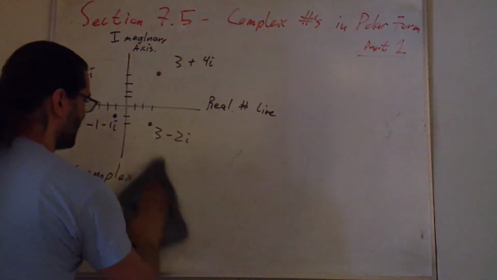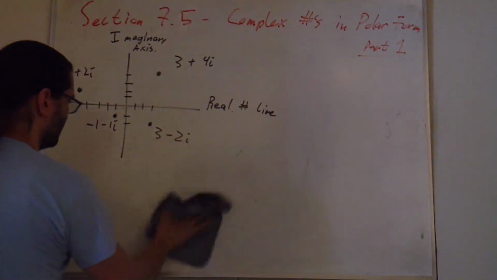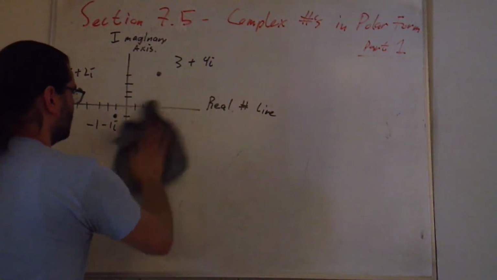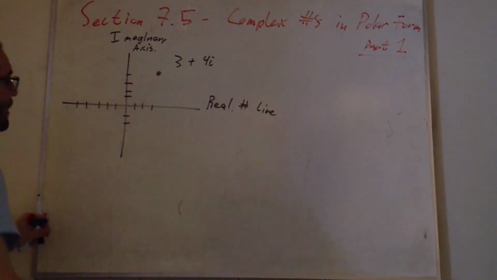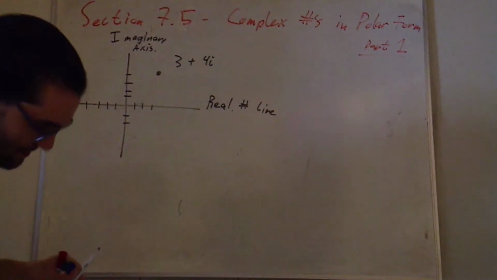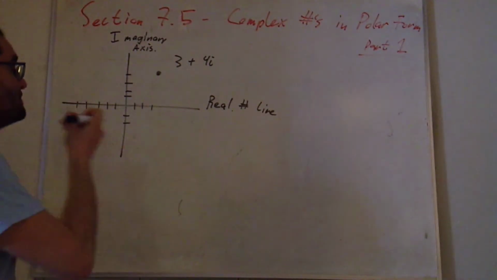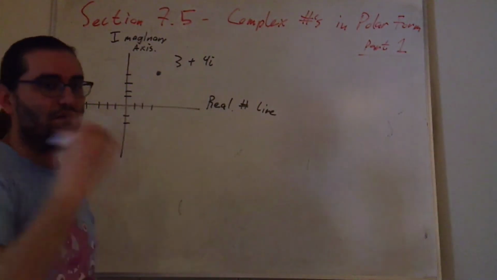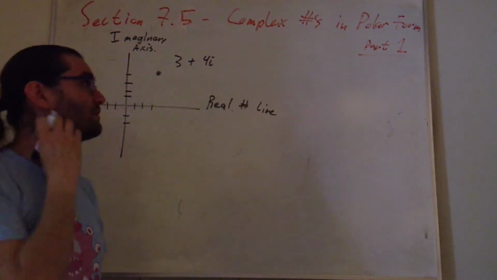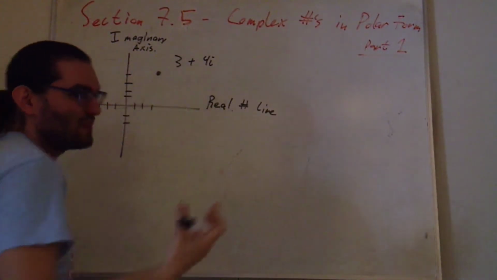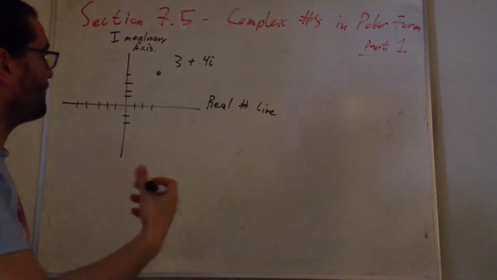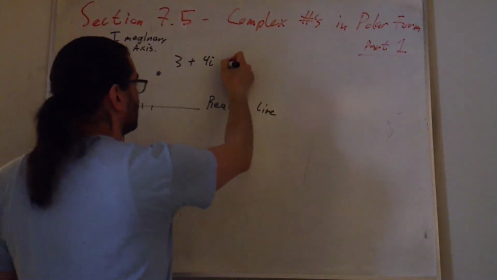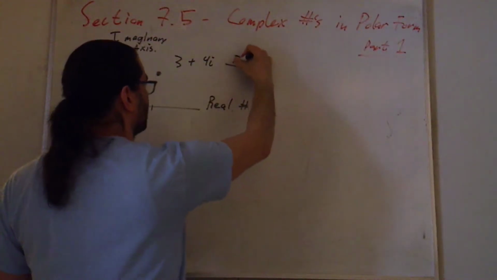This is the point that I really want to work with right now. And the question is, if this were a regular rectangular point, it would be 3 comma 4. That's fairly standard. The question is, what happens if I want to express this in polar form?